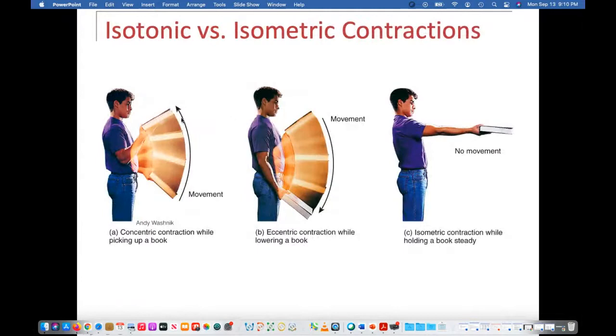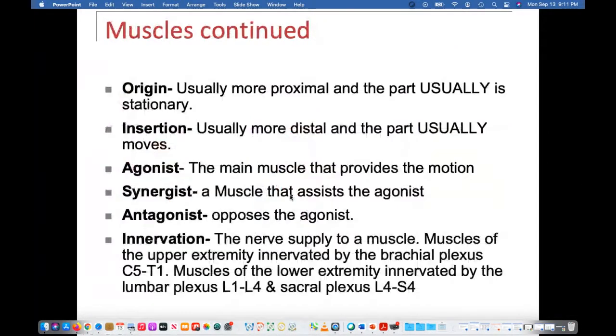So in this case, when we were talking about the biceps brachii, the biceps originate up here, the short head on the coracoid process of the scapula, the long head on the supraglenoid tubercle of the scapula, and it inserts here on the radial tuberosity. So we have origin, insertion. When the origin and insertion move closer, that's concentric. When the origin and insertion move further away, that was eccentric.